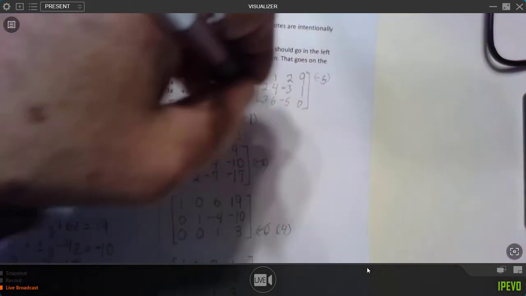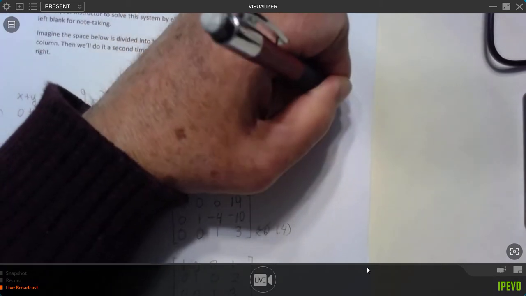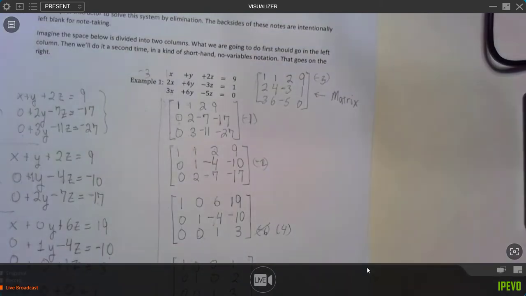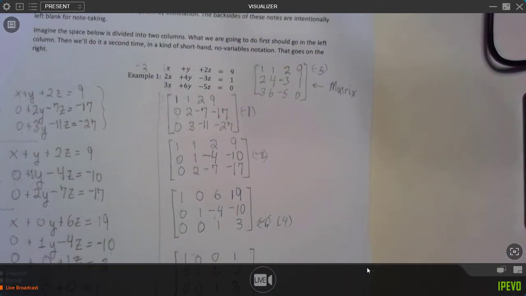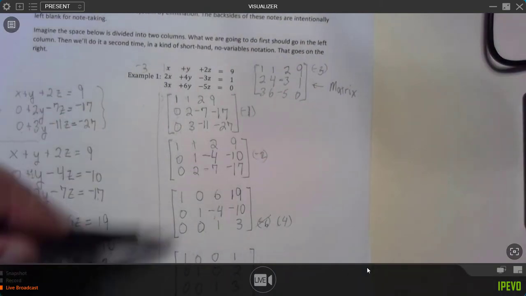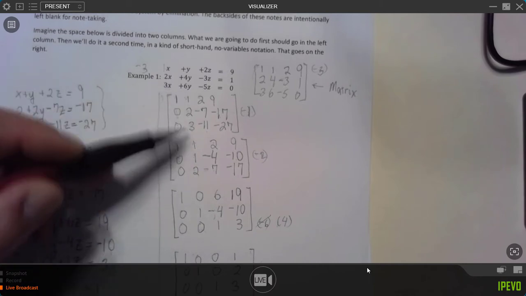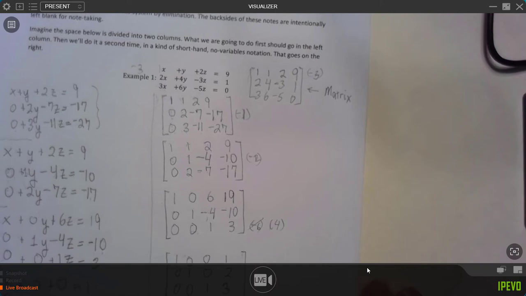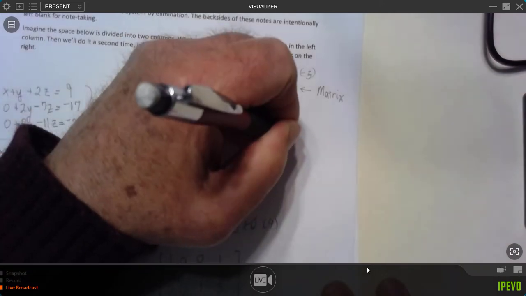Okay, this method that we're using over here, where we put things in a rectangular array, first of all, this kind of an array is called a matrix. And this process of trying to get ones and zeros in propitious places is referred to as row reduction.